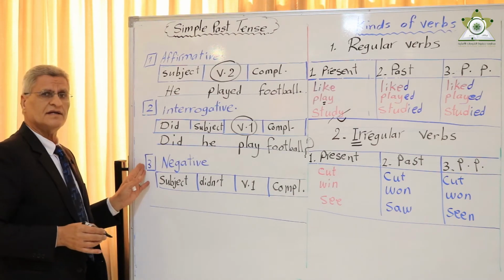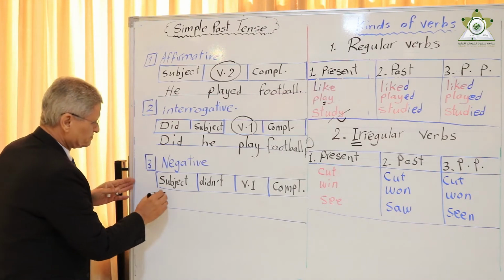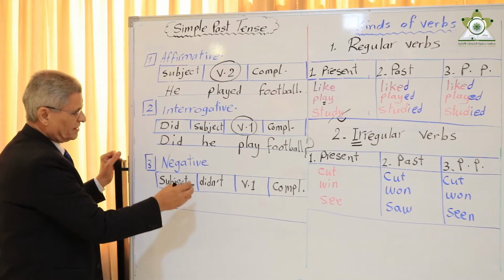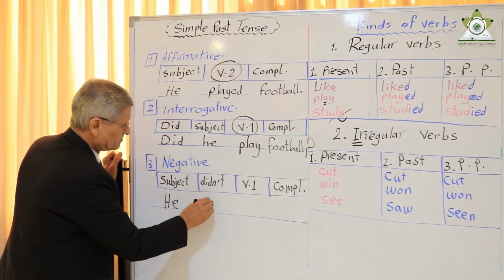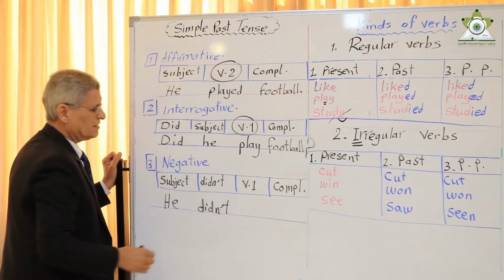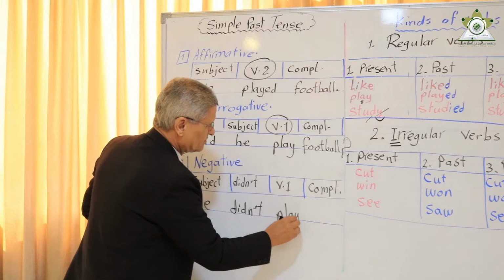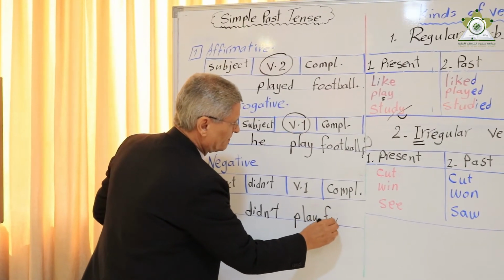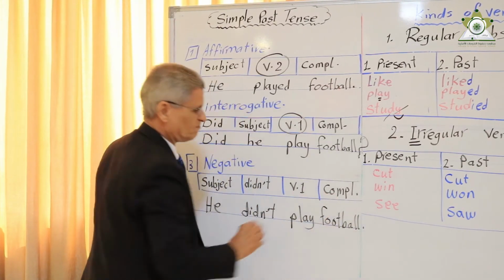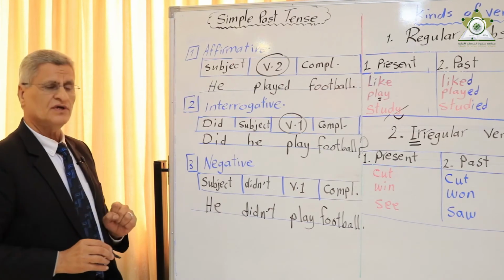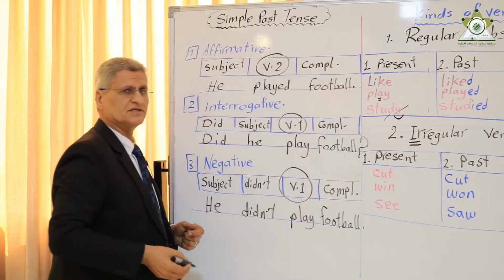Number 3, negative. Should start with subject like he. Number 2 comes didn't. He didn't. The verb should be verb 1, didn't play football. Full stop. So you have to notice that the verb changes.